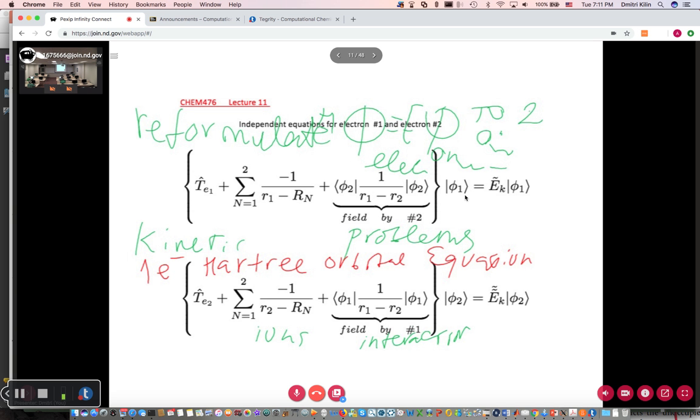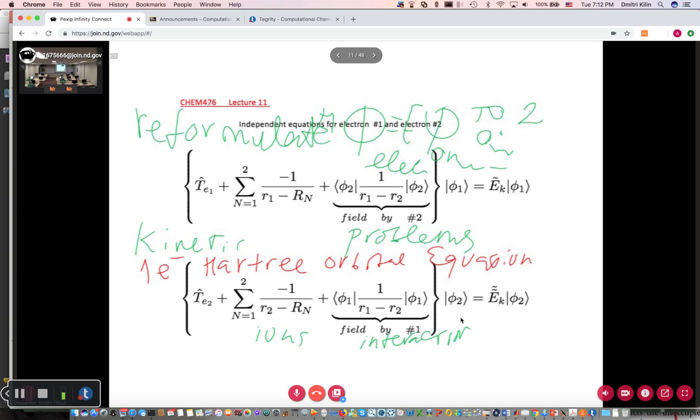But after the curly bracket, you have phi sub 1. So it is the unknown wave function for the first electron. In the second line, after the curly bracket, you have phi sub 2. So it is the equation for the unknown wave function for the second electron.